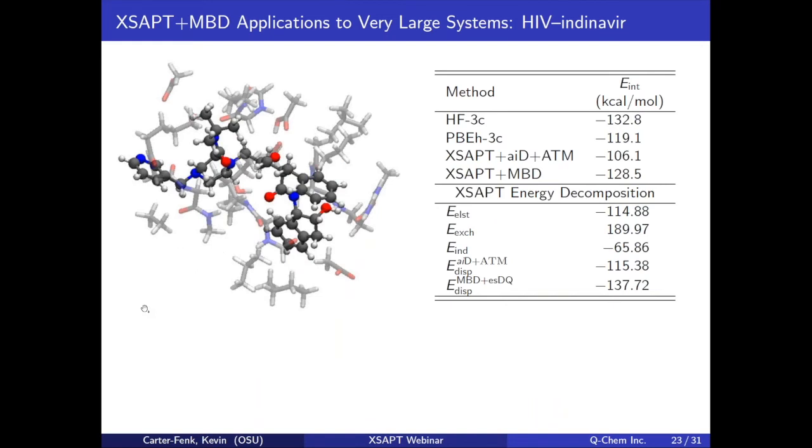And a second very large system is this HIV-indinavir drug binding complex, where the indinavir drug molecule is the opaque ball and stick structure, and the HIV protease active site is represented as the translucent stick structures. This system is able to be broken down into 19 fragments and has almost twice the number of basis functions as the last system.